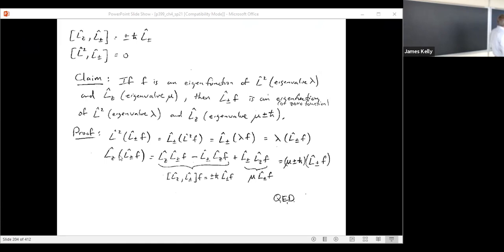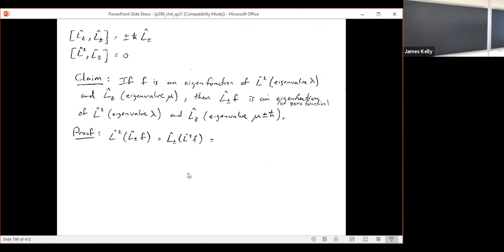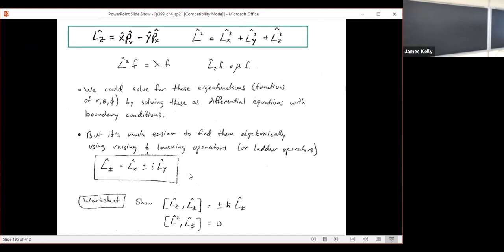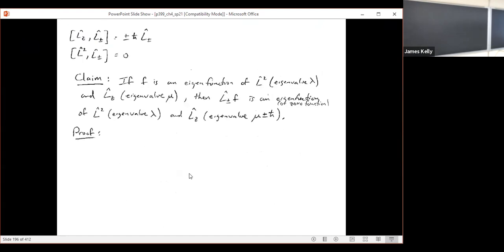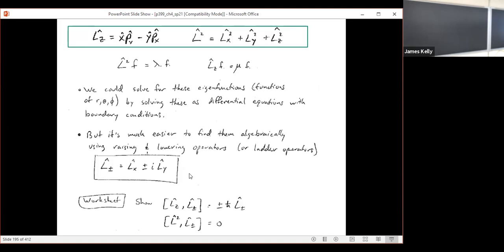We're still at this confusing point where we defined these operators L plus and L minus. Maybe I should roll back to where the definition of L plus and L minus is. L plus is nothing but Lx plus iLy, and L minus is Lx minus iLy.